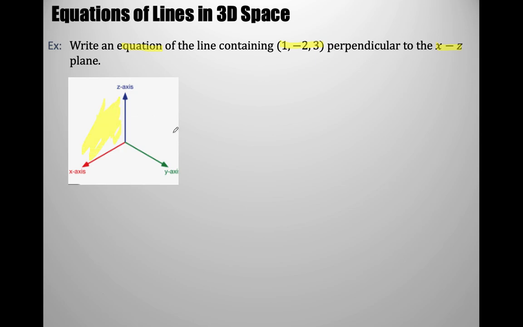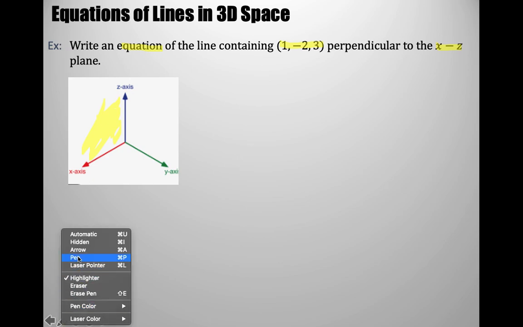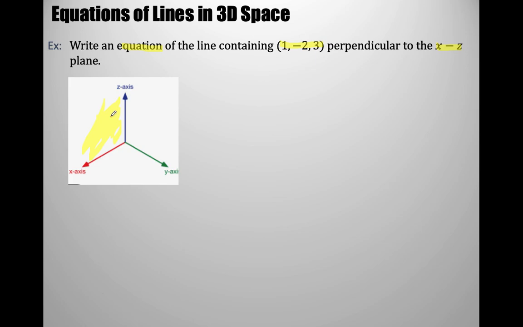So I need to be perpendicular to that wall, but I have to contain the point 1, which would be here, -2, which would be back here, and then up 3. So somewhere here, I need to draw a line that is perpendicular, so like going through this wall, right? Can you visualize that? A line going through that wall.